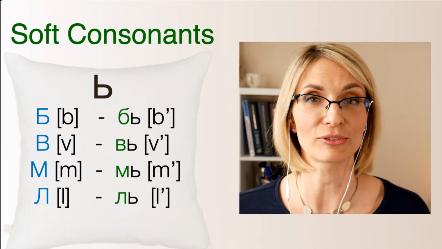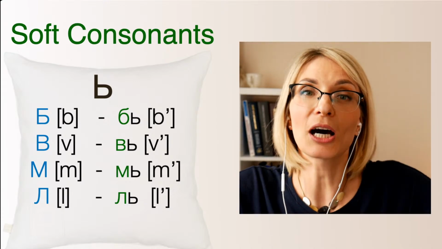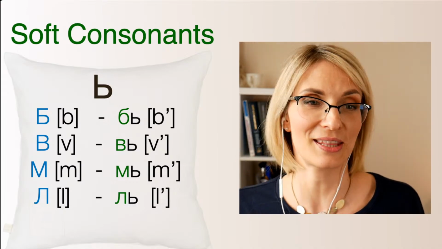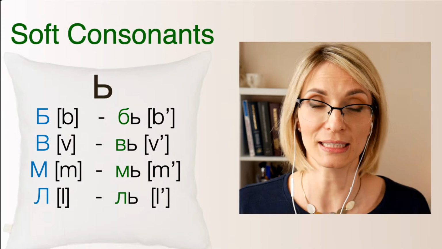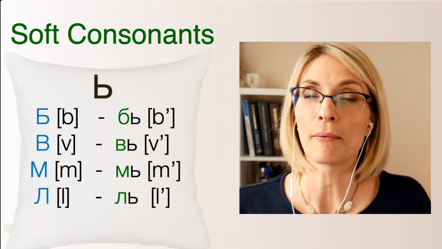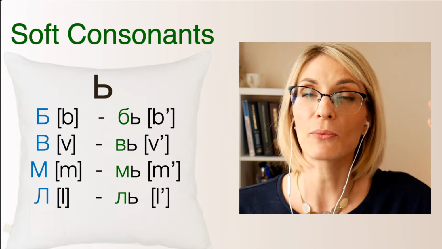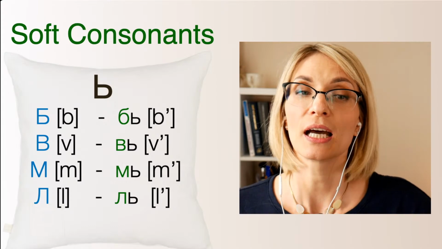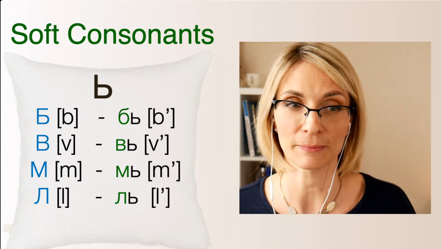What do I mean by soft? It means that my tongue is now positioned much higher, and you will hear this when I pronounce. Just listen to me. B, B, B, B. What I'm doing, I'm raising my tongue inside of my mouth, which changes the quality of this consonant.